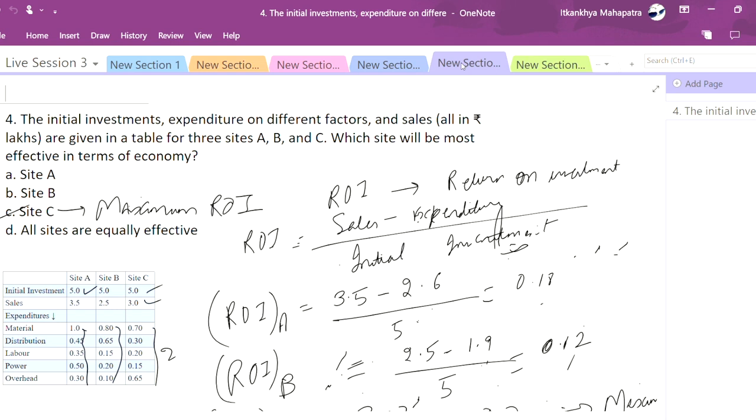In this question, three sites were given, with different expenditures, and the initial investment was provided. The site with the maximum return on investment was the most effective in terms of economy.